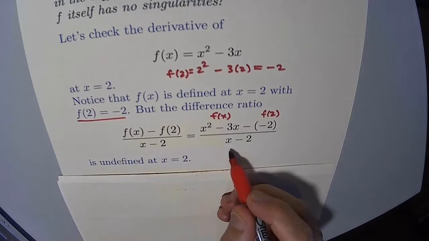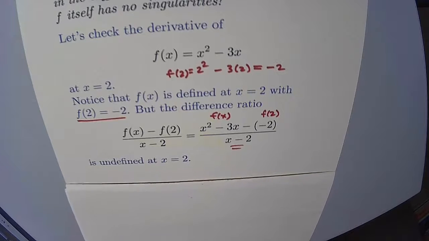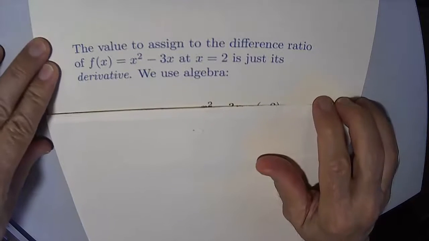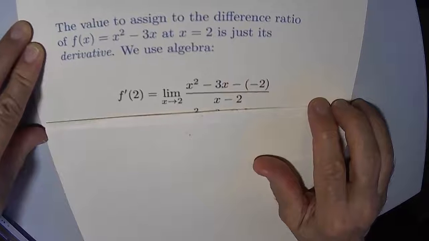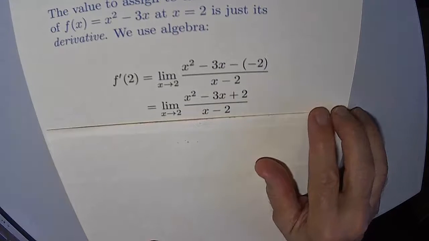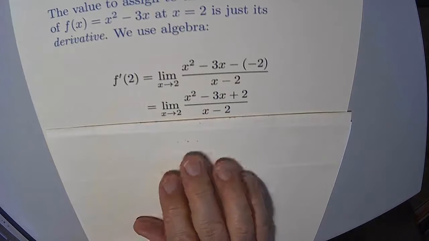This is obviously not defined when x equal to 2, which gives us a 0 in the denominator. So to figure out the limiting value that removes the singularity at x equal to 2 in the difference ratio, let's use algebra. The limit of the difference ratio is just f prime of 2, so let's keep that in mind.